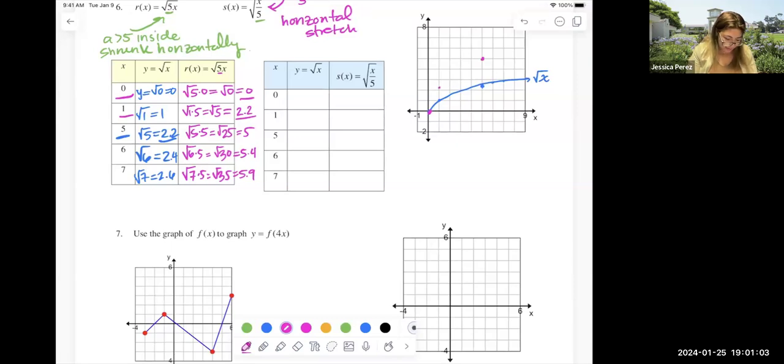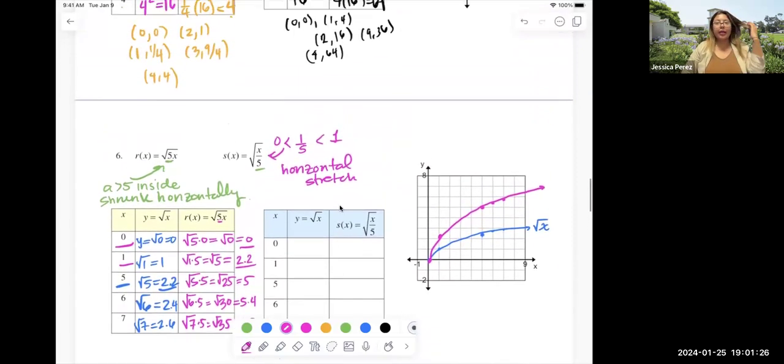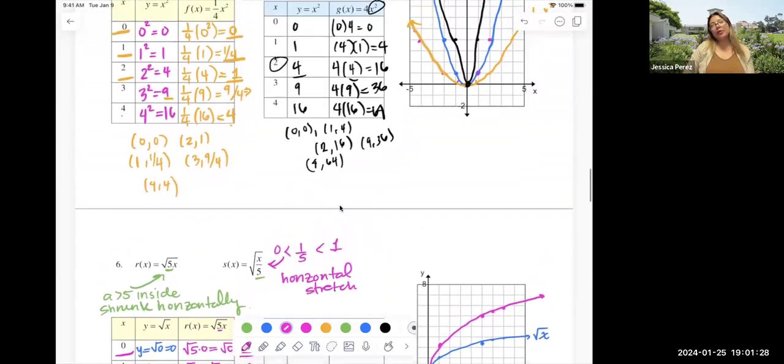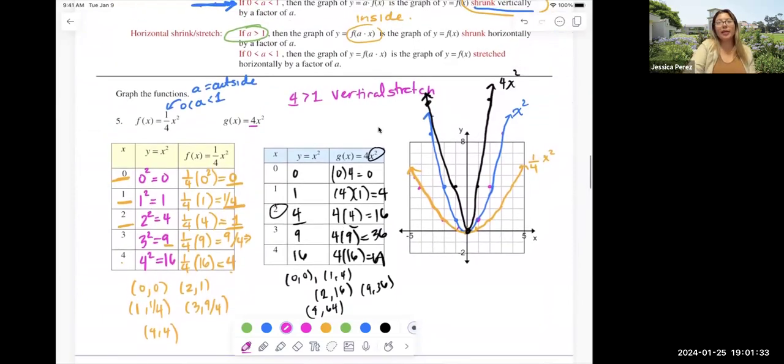And then we have 6 and 5.4, and then 7 and 5.9. So it's going to be this pink. So see how it's going to shrink horizontally? That's what it means. So you're shrinking horizontally. You're just pushing it down like so. So because A is greater, we're going to shrink horizontally because of that 5.